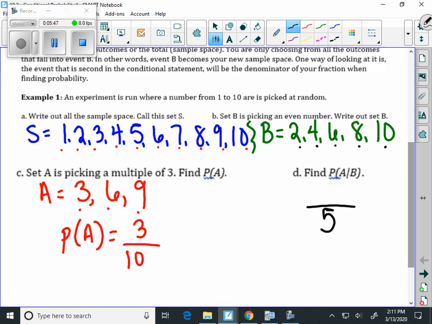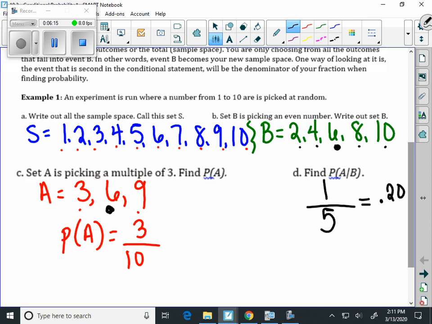Here the green is our new sample space: 2, 4, 6, 8, 10. How many from our green are a multiple of 3? Only one. The 6 is here, and the 6 is there. That's the conditional probability, 1 out of 5. If you want the decimal equivalent, it's 0.2.